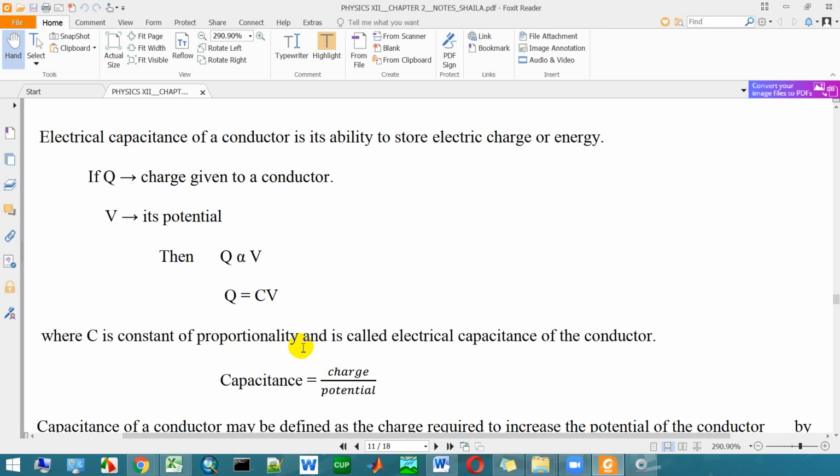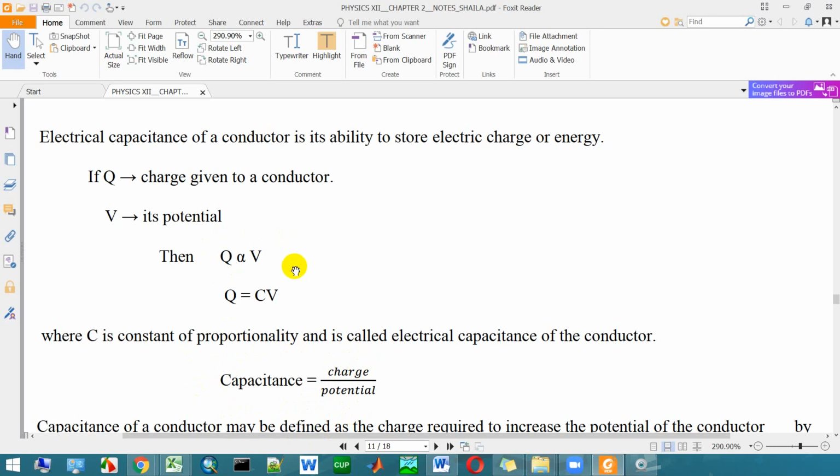It is the constant of proportionality and is called the electrical capacitance of the conductor. Here the capacitance is charge by potential. As I already told, whenever I introduce a new quantity, I say it has a basic meaning and it has a basic formula or a root formula. So the root formula for capacitance is charge by potential.